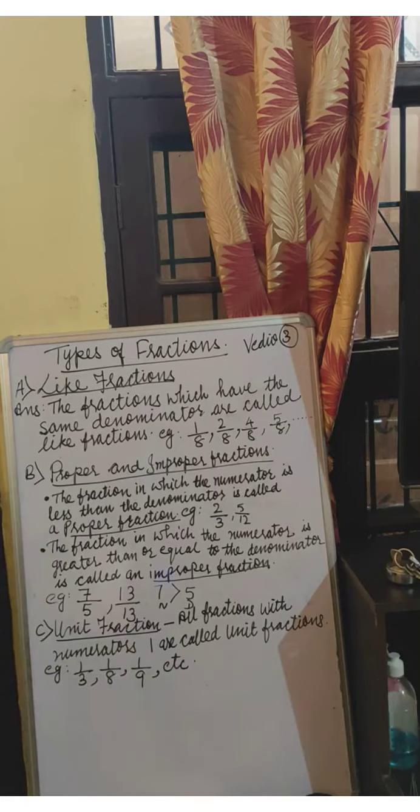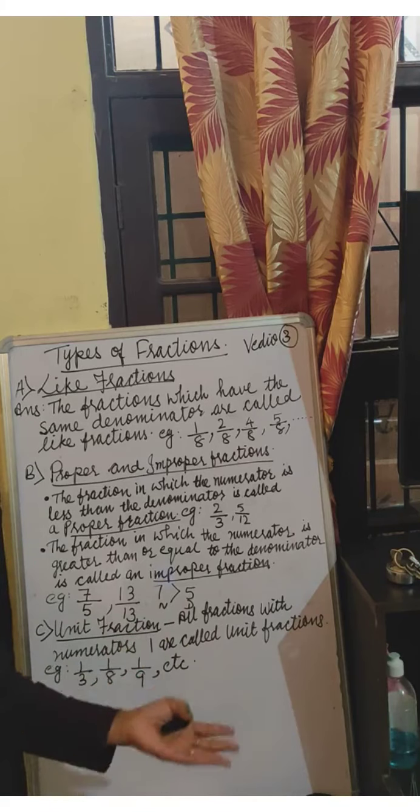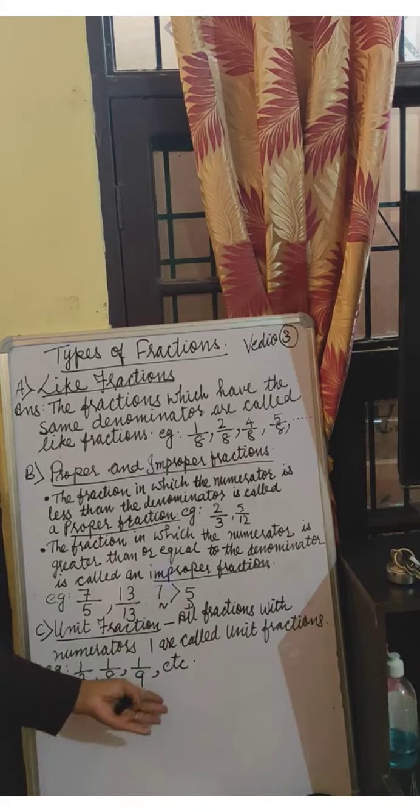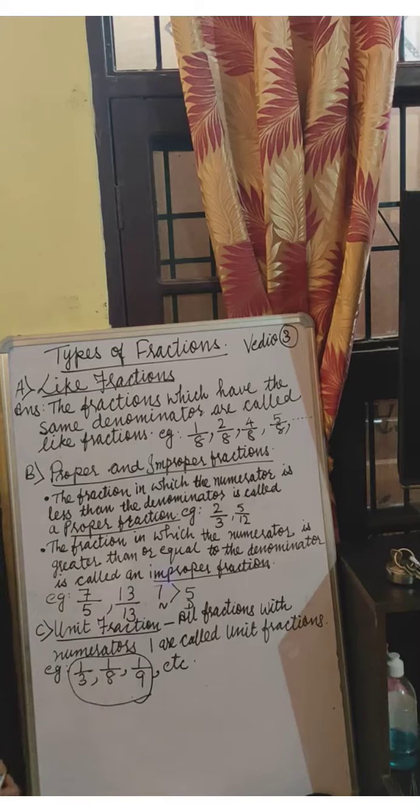Unit means 1. If the numerator of the fractions is 1, then they are called unit fractions. So all these three are called a group of unit fractions.